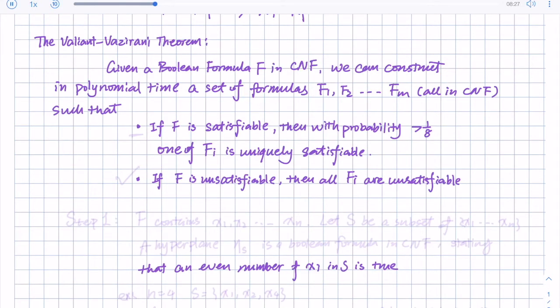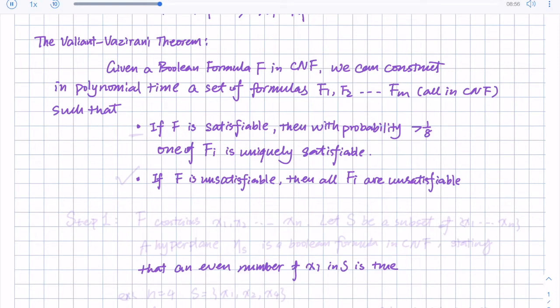So the proof can be broken down into the following steps. Step 1, we will show how to build a Boolean formula gadget called a hyperplane. Then step 2, we'll use these gadgets, or hyperplanes, to construct a set of formulas Fi. And then step 3, after the construction completes, we will prove that if F is unsatisfiable, then all the constructed formulas are also unsatisfiable.